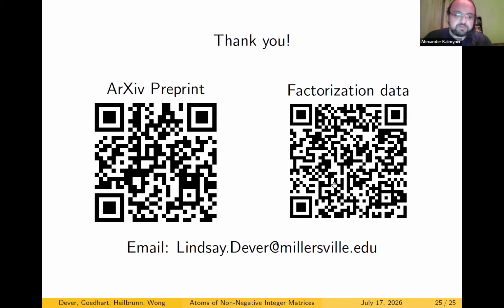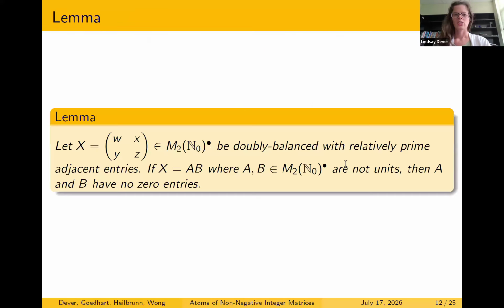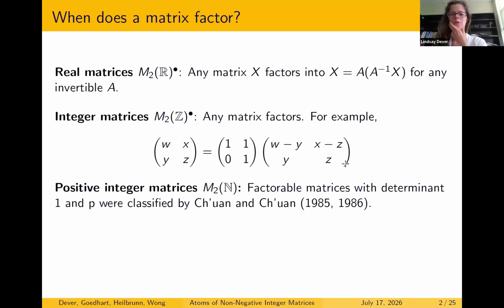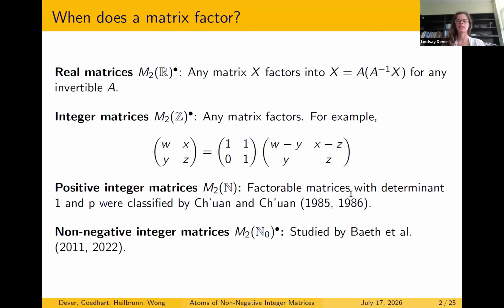If you consider just integer matrices without positivity, then as far as I understand, atoms here are precisely the matrices with determinant plus or minus p, right? No, just integers, without the positivity at all. Oh, I see. So you're saying there are certain classes.